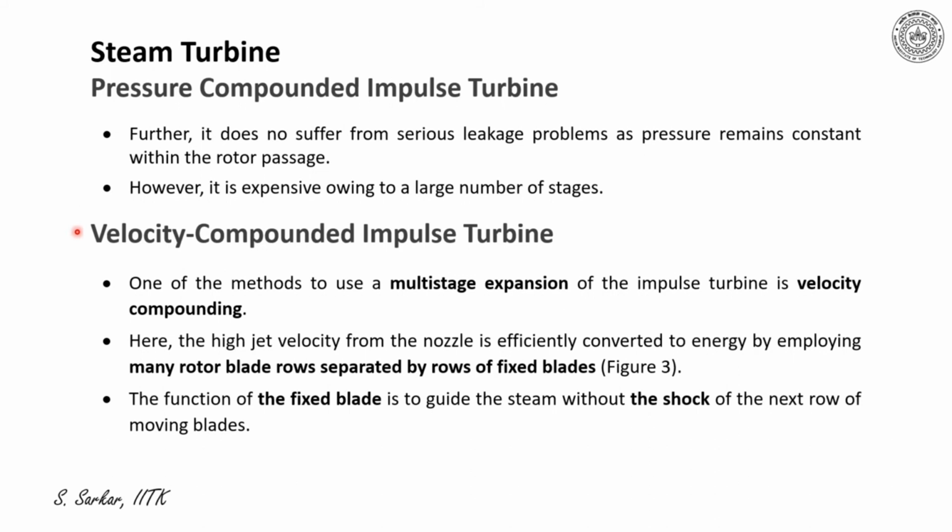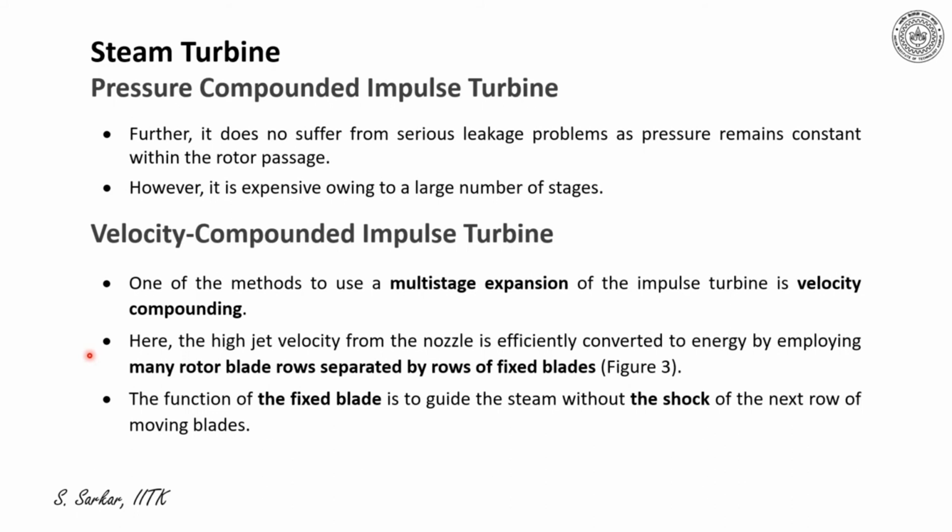Let me discuss now about velocity compounded impulse turbine. I would like to say here, one of the methods to use a multi-stage expansion of impulse turbine is velocity compounding. Here, the high jet speed from the nozzle is efficiently converted to energy output by employing many rotor blades separated by rows of fixed blades.